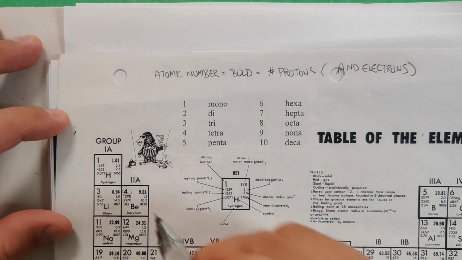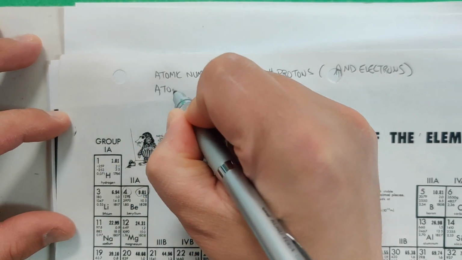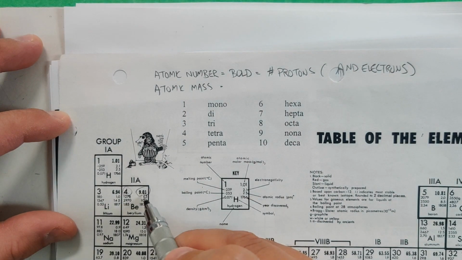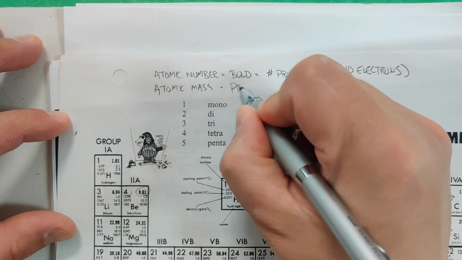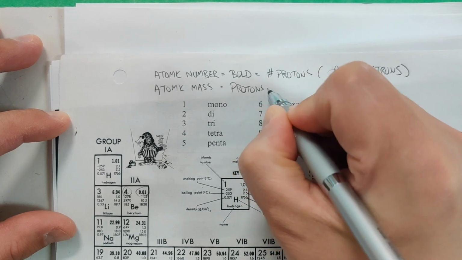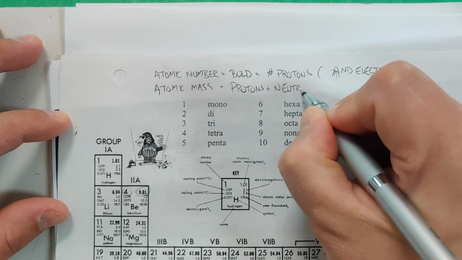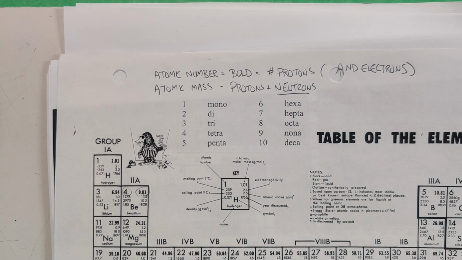And this is called the atomic mass. Now what does the atomic mass equal? It equals protons plus neutrons. Oh no. So what does that mean? Well, think about it this way.